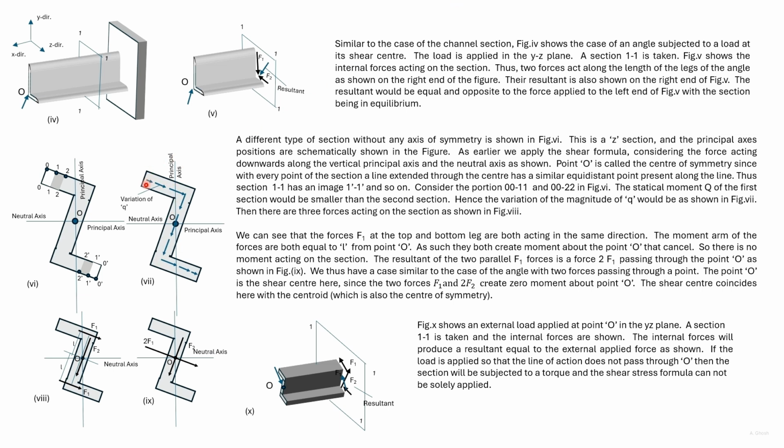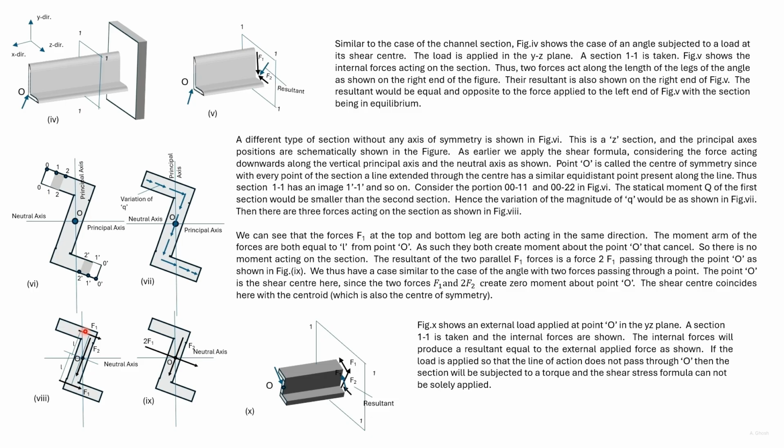From the shear flow, we can find the forces. So there will be two forces F1 of equal magnitude acting on the flanges, and there will be a force F2 acting along the web.